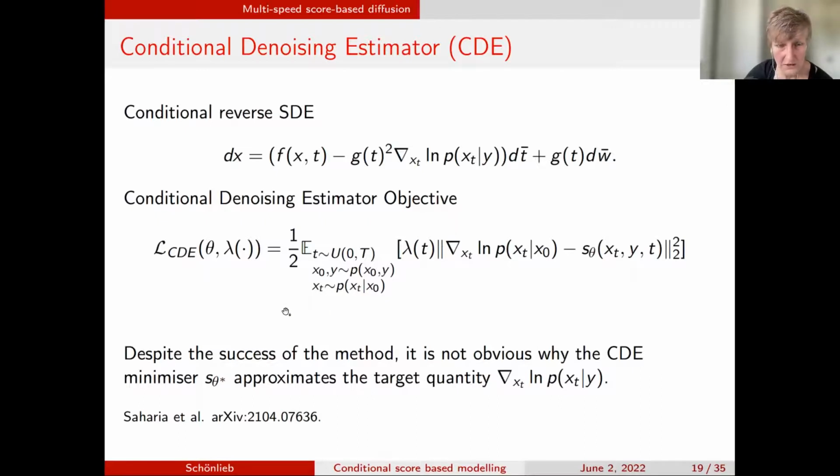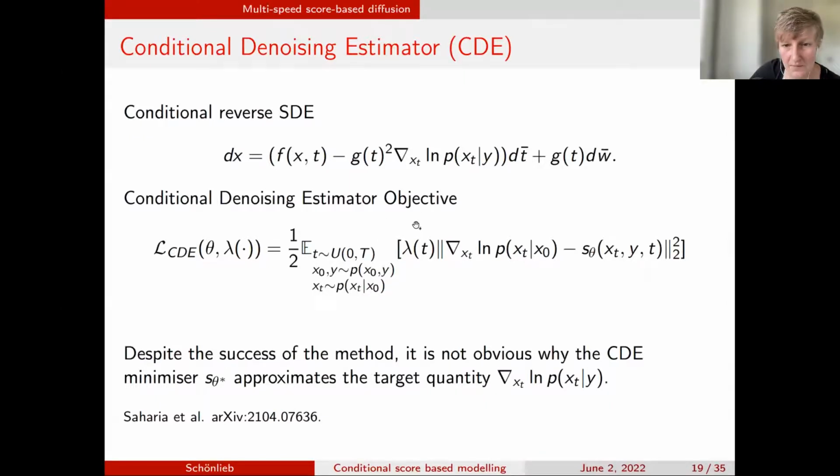So you want to solve the conditional reverse SDE and you want to replace this with a neural network. The neural network S theta is learned with this objective, where you are matching S theta, your approximation to the score, with the gradient of the log of the conditional log density, but conditioned on x0.